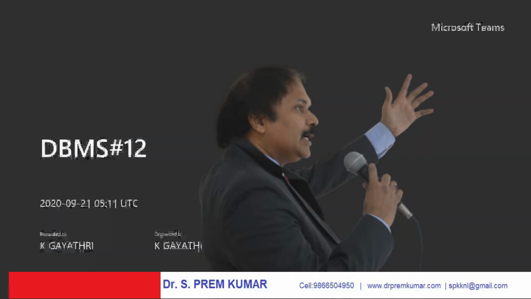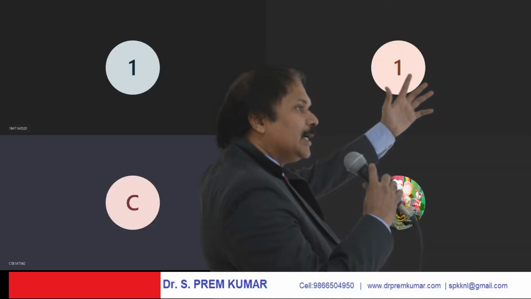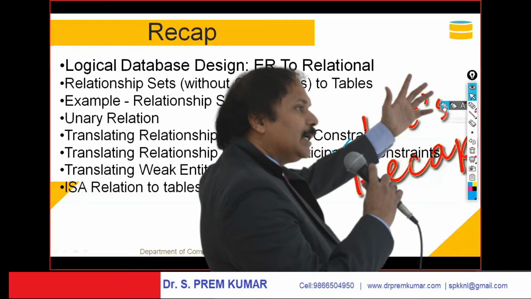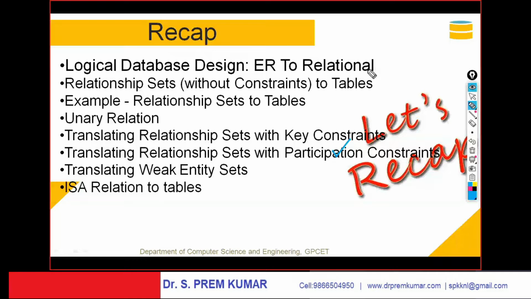Logical database design: that is how to convert ER diagrams into relations. For every entity set of the ER diagram, we need to create a table. Even for the relationship sets, we need to create some tables. Sometimes there are relationship sets with descriptive attributes, meaning attributes on the relationship sets.